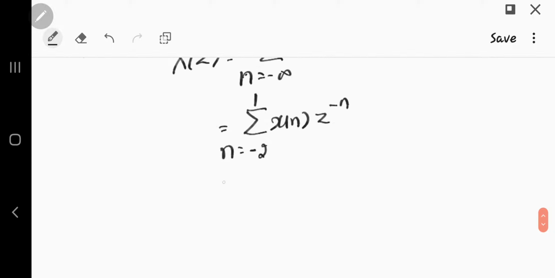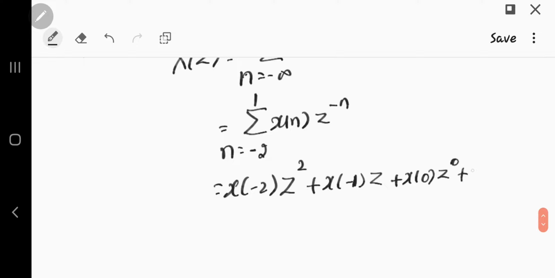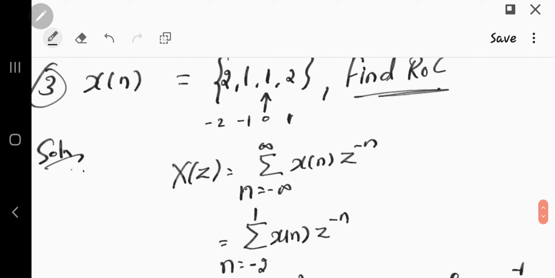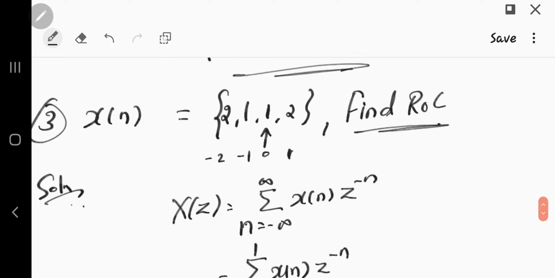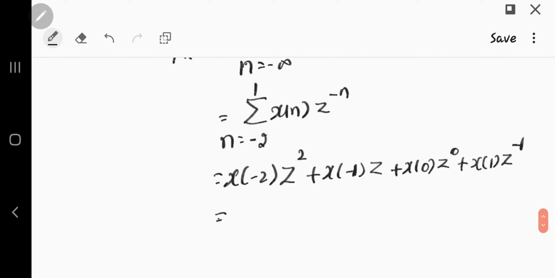Now if you look at the signal, we have both positive and negative values, and that means positive sequence and negative time sequence both are present in this one. Okay. So now if you substitute, x of -2 is 2 and x of -1 is 1, x of 0 is 1 and x of 1 is 2.